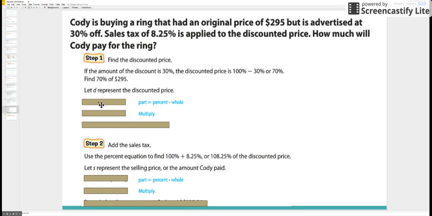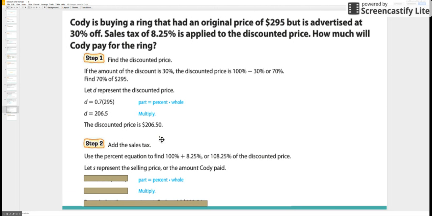Part equals percent times whole. So D is equal to percent, so 70% as a decimal is 0.7 times your whole, 295. 0.7 times 295 gets you 206.5, okay? And then from there, that is what the discounted price is. So originally it cost $295. After the 30% off, it now costs $206.50.